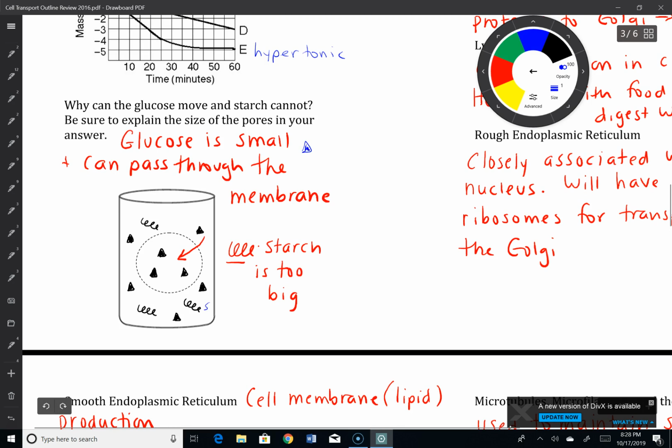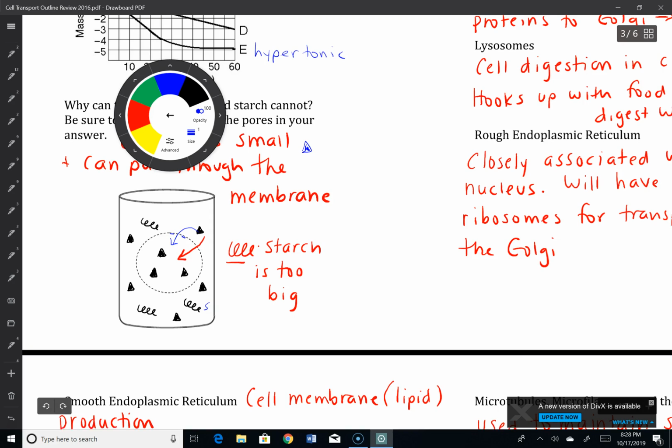Well, over time, I could use various indicators, and if I started out with a cell with no glucose in it, and my cell ends up with glucose in it, does that mean these pores were big enough to let in the glucose, but not big enough to let in the starch? Very, very important. The size of the pores or the size of the membrane, or if you're doing one of those fake cells, that is important. Water movement, done. Let's move our story over to cell organelles.